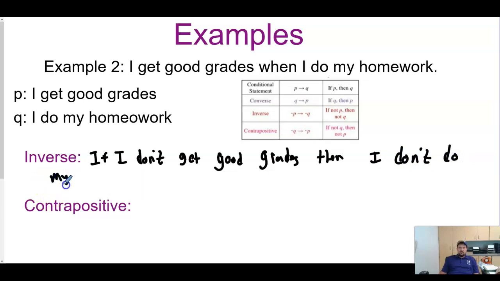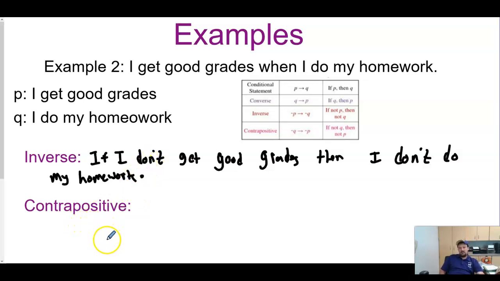That's the inverse. It's the opposite, in quotations, of the conditional statement. It's negating the conditional statement. So not really opposite, but negating.